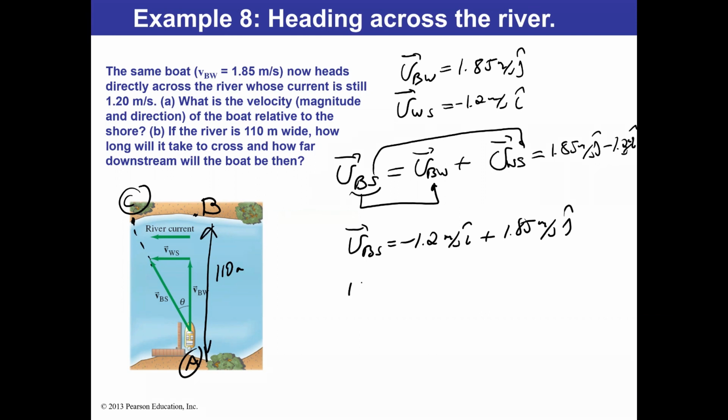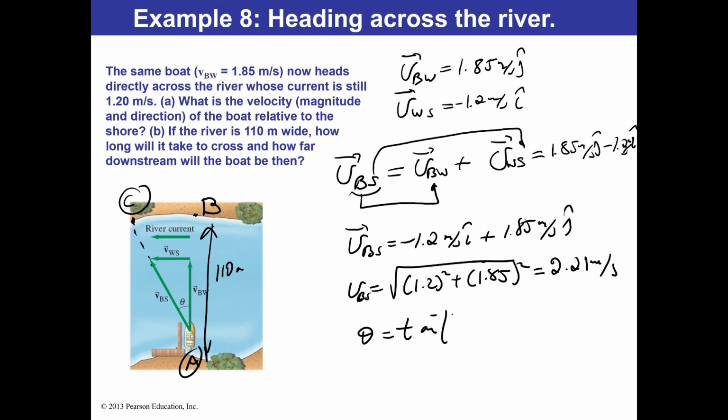From here, because they're I hat, J hat, I can calculate the magnitude, which will be the square root of 1.2 squared plus 1.85 squared, which gives me 2.21 meters per second. And then I will find the inverse tangent of 1.85 over negative 1.2.